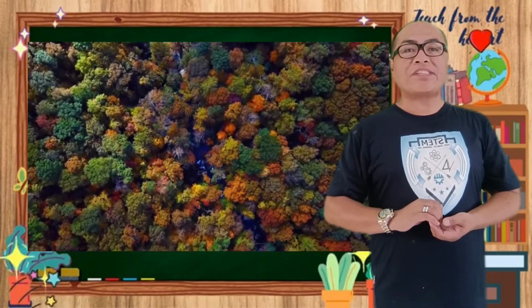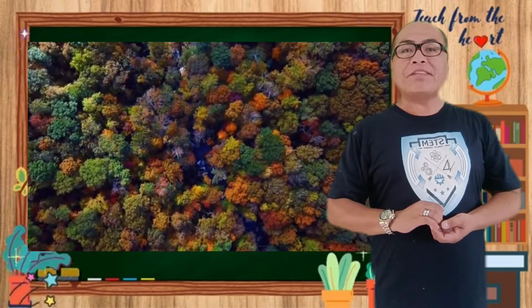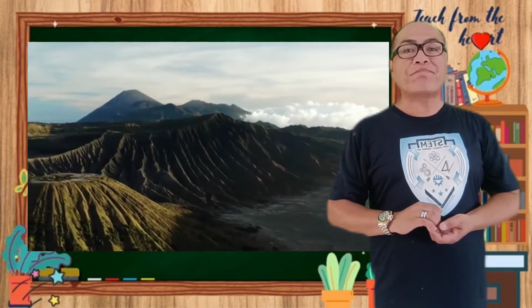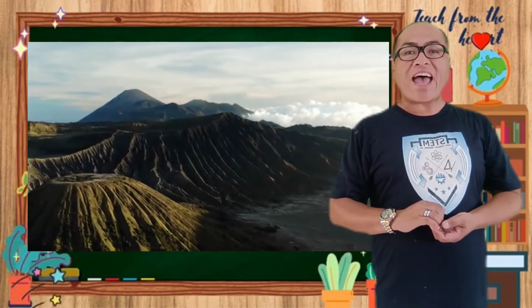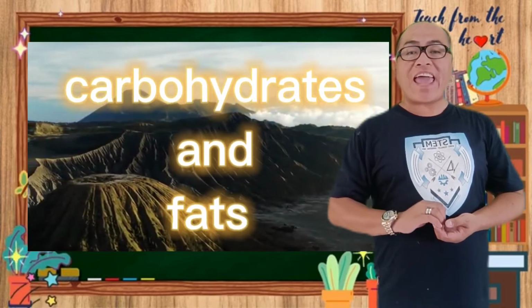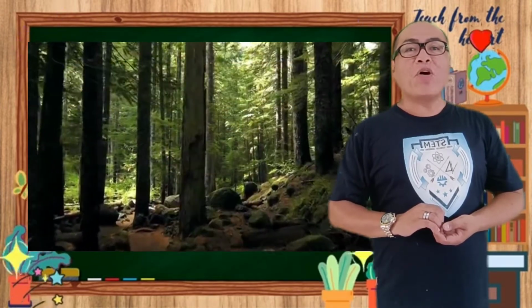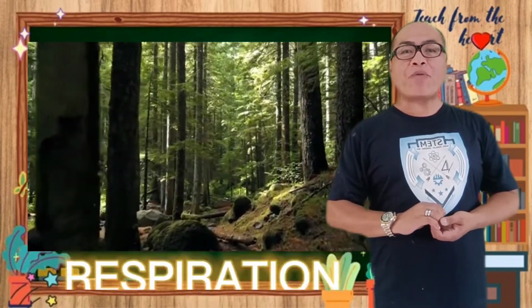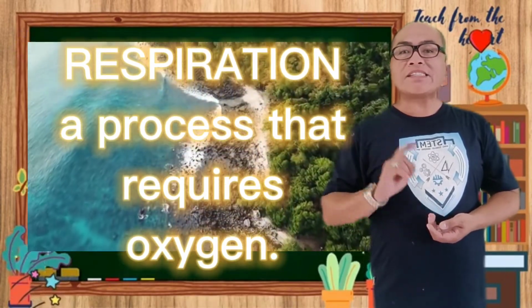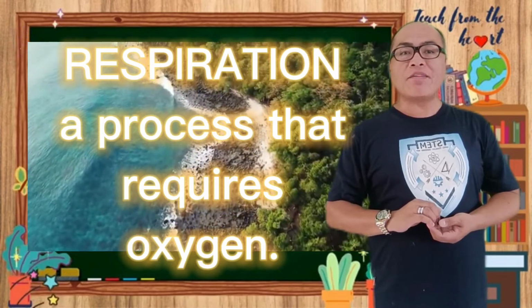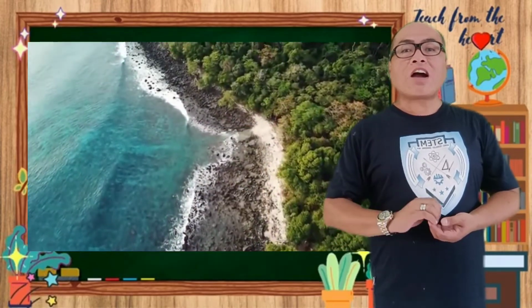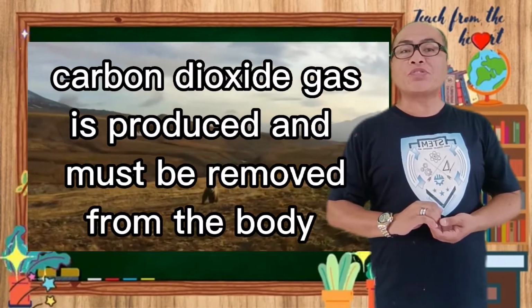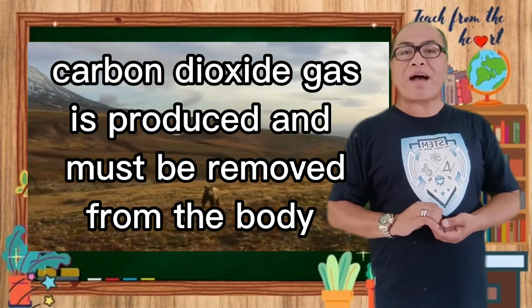All living things obtain the energy they need by metabolizing energy-rich compounds such as carbohydrates and fats. In most organisms, this metabolism takes place by respiration, a process that requires oxygen. In the process, carbon dioxide gas is produced and must be removed from the body.